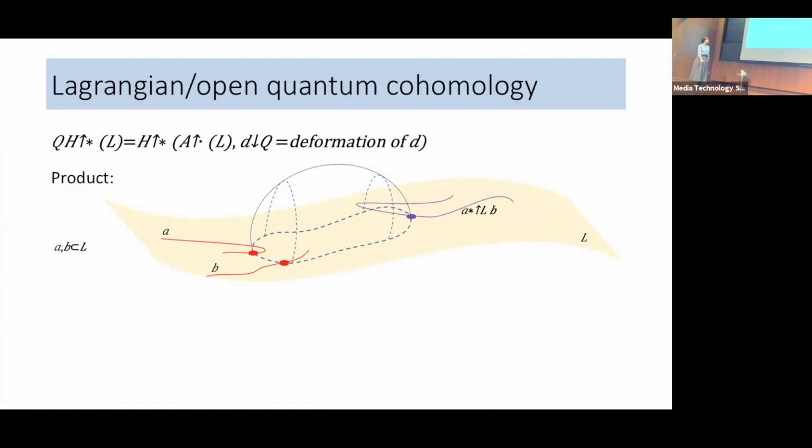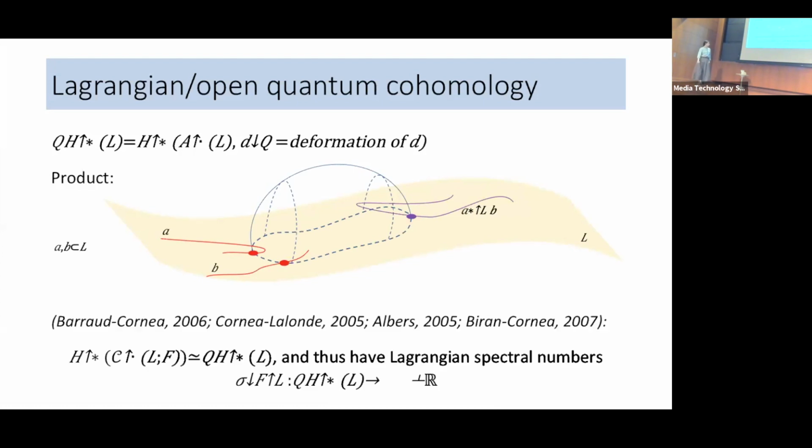The locus gives you the output of the Lagrangian quantum product. And indeed, as hopefully is not shocking by now, we do get an isomorphism between that filtered Morse style cohomology and the quantum Lagrangian cohomology, and therefore we can also, if we will, talk about related spectral numbers.